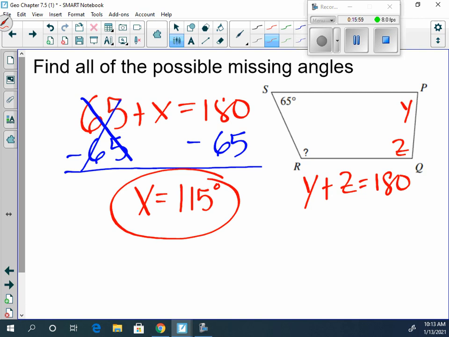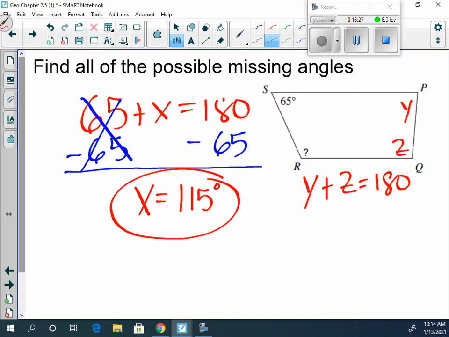Well, y and z could be any values, yes? And we would get 180. Is there anything restricting the values of what those two angles can be? No, they can be anything.